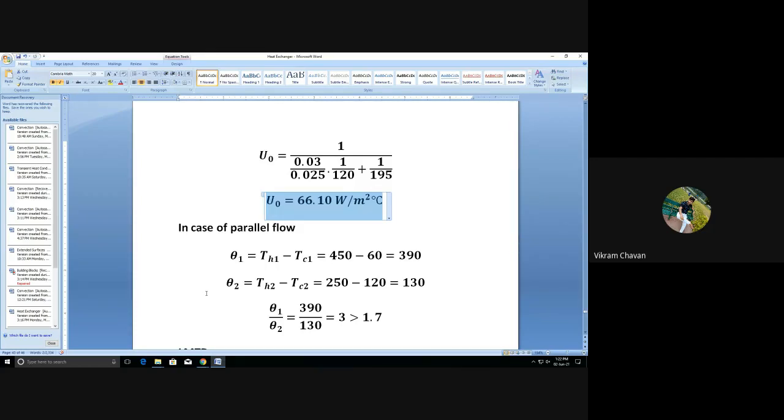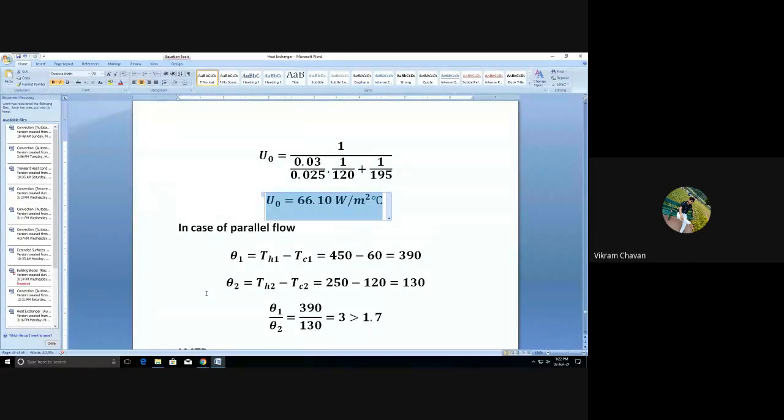First of all we have to check whether the problem is related to the LMTD or the AMTD, that is logarithmic mean temperature difference or arithmetic mean temperature difference. For that purpose, note that if the ratio of theta 1 to theta 2 is greater than 1.7, you have to use the LMTD formula, and if this ratio is less than 1.7, then you have to use the AMTD.